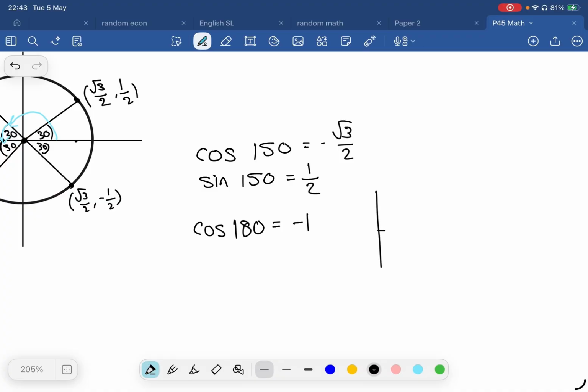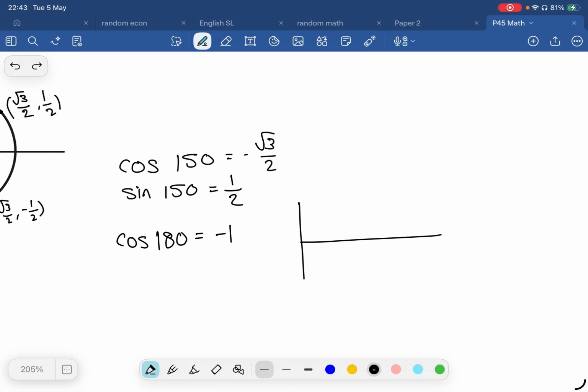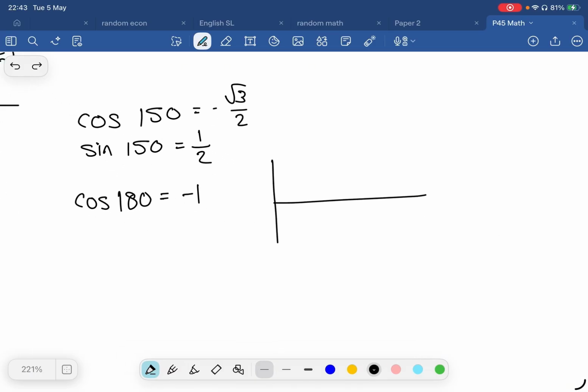The other way is memorizing the graph of cos, and I think this is a bit harder to do than the unit circle. It might be easier for values like cos of 180, but I definitely think finding cos of 150 using the graph is much more complicated, and I don't think you should do that.